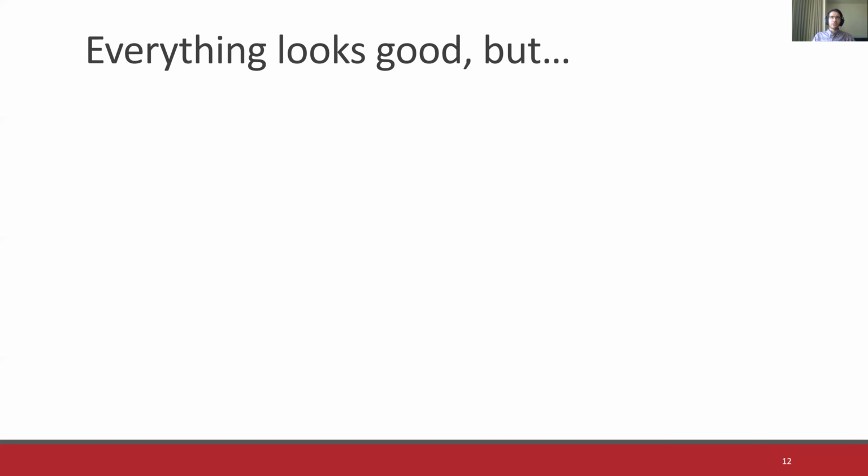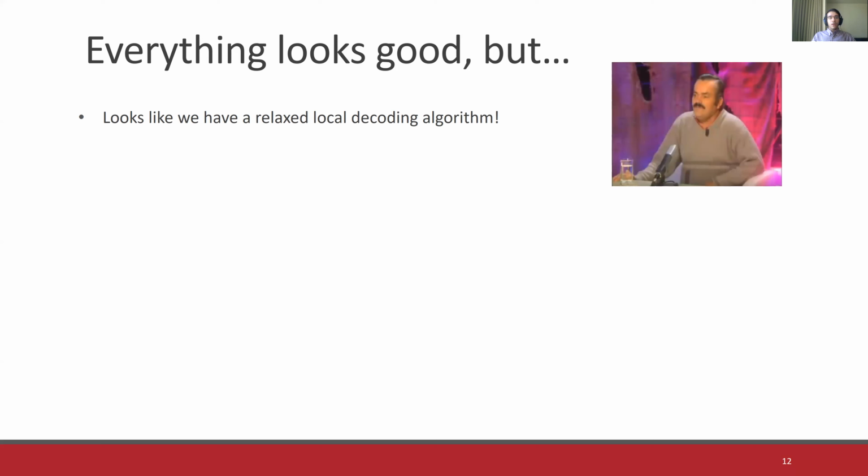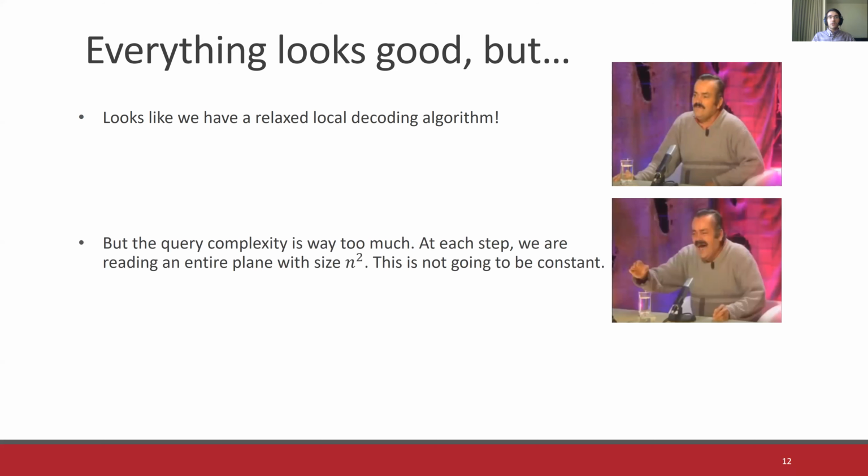So everything looks good. It looks like we have a relaxed local decoding algorithm. However, the query complexity is way too much. In this algorithm, we are reading an entire plane at each step, and each plane has size n squared. And this is not going to give us a constant query algorithm.